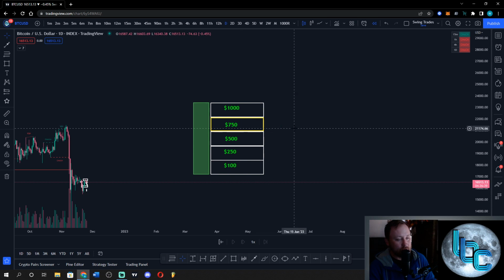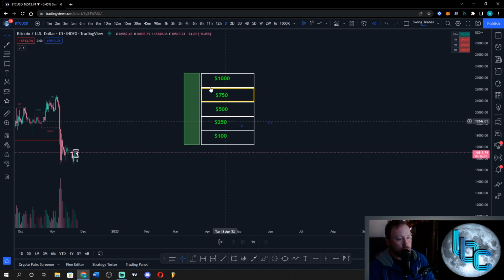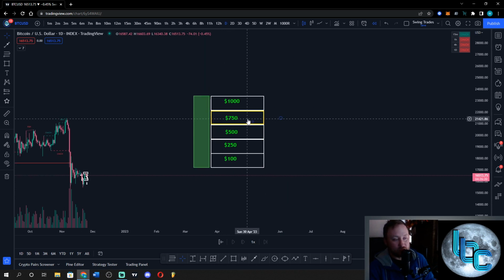So we got this golden box, right? What that means is that there was a lot of price action going on inside of this golden box right here. This is the point of control of this candle.